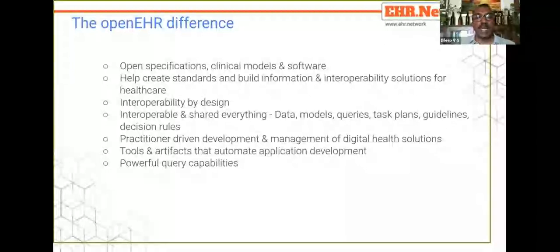There are lots of tools and artifacts that can automate application development itself, so your solution build out can become automated and can be enhanced. It also comes with extremely powerful query capabilities, so it's ideal for a research environment, where you need to do cross-population queries and get a deep understanding of the data.